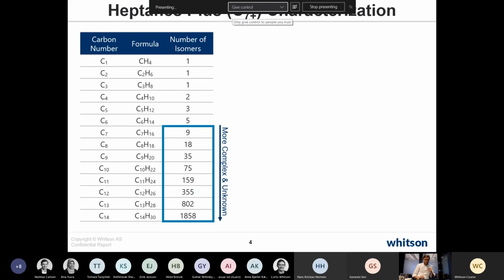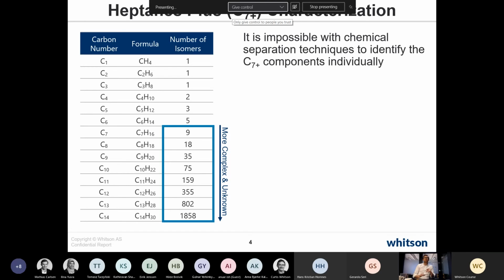Okay, and the first thing we would like to answer is, why do we actually need gamma distribution models? And why are we in the first place doing heptanes plus characterization? This is all kind of related. The first thing to note there is that it's impossible with chemical separation techniques to identify the C7 plus components individually.